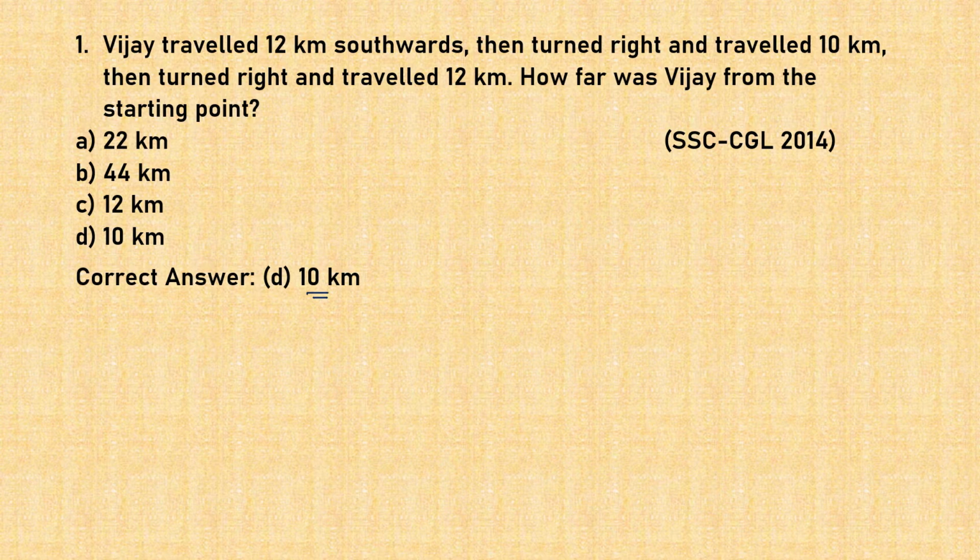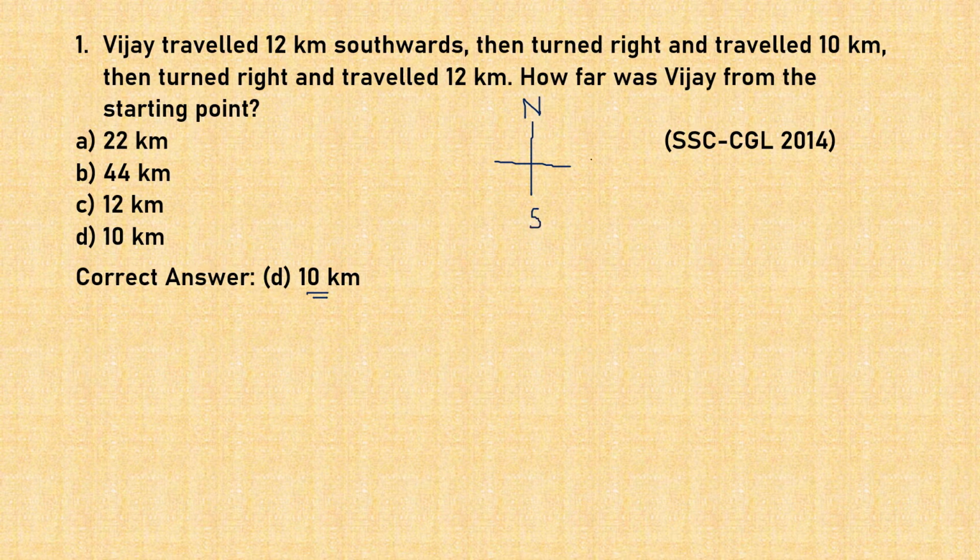Before we start solving the question, you must be familiar with the directions, that is north, south, east and west. How do we mark it here? You all must have seen my previous video in which I discussed in detail what all points should be kept in mind while solving questions based on direction sense.